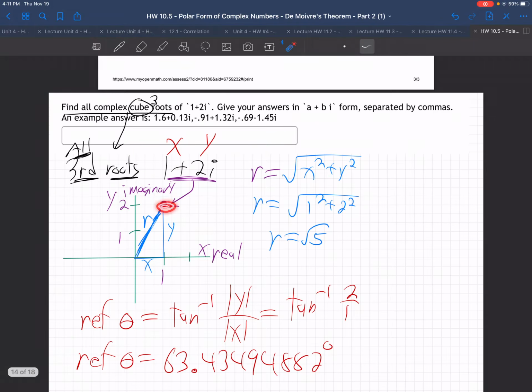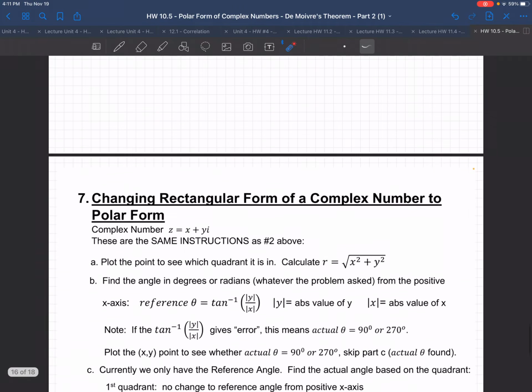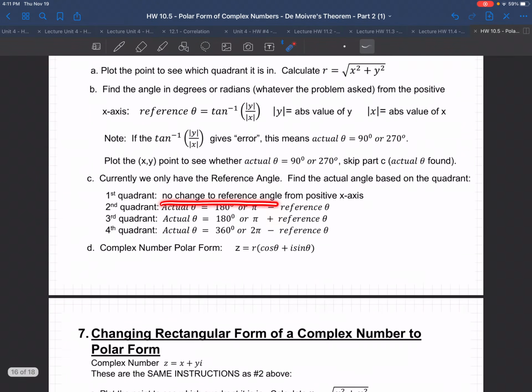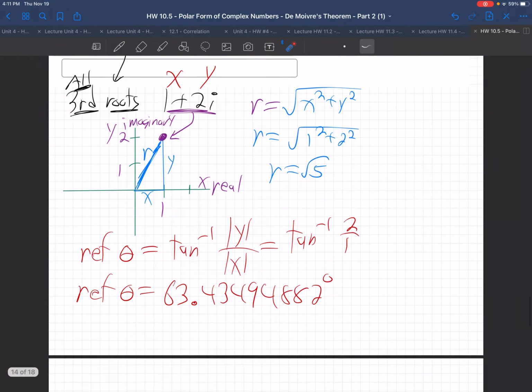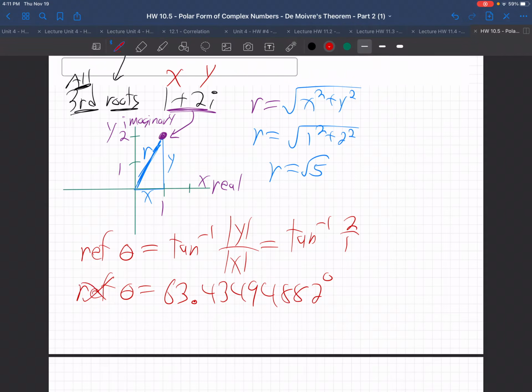Oh, first, right? Right and up. First quadrant, they're both positive. What did it say for first quadrant? No change. If we were in second, third, or fourth, we would need to do something different to find the actual angle. So we don't need to make any change here. We can just say this is the actual angle. They're one and the same.